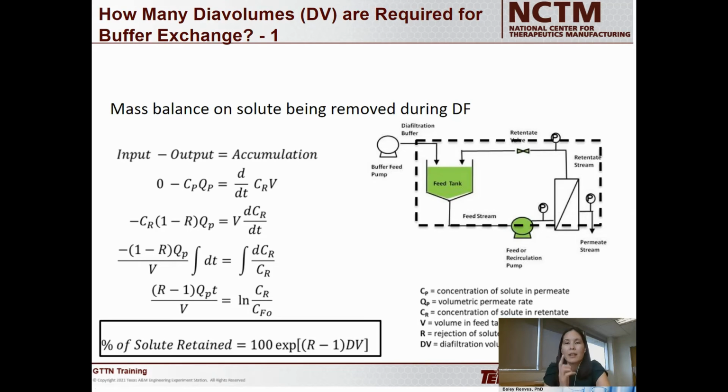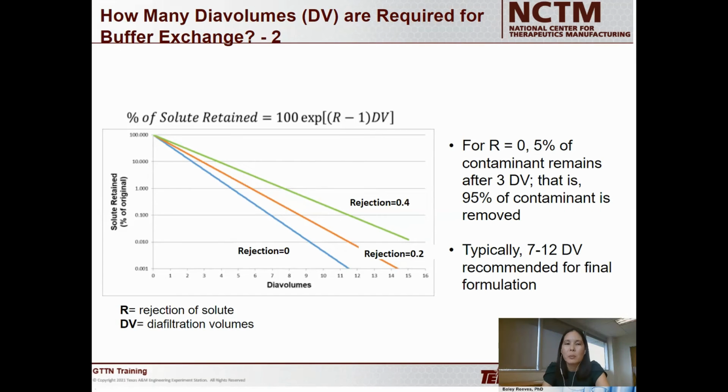So I'm going to skip over the math on this slide, but basically this is doing a mass balance on the old buffer remaining in your solution. Because if you plot the results of that differential equation, you essentially get a graph that looks something like this. And what this is going to tell you is exactly how many diavolumes. So a diavolume is referred to as whatever volume is left in your feed tank.